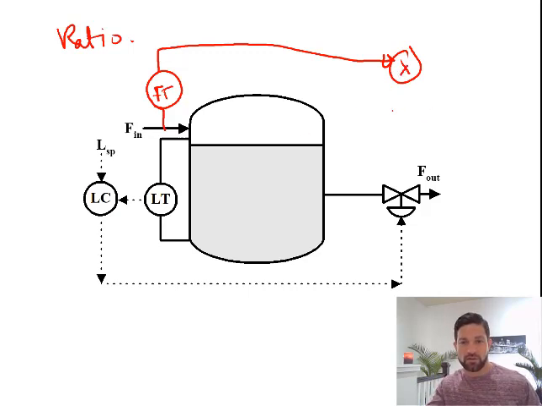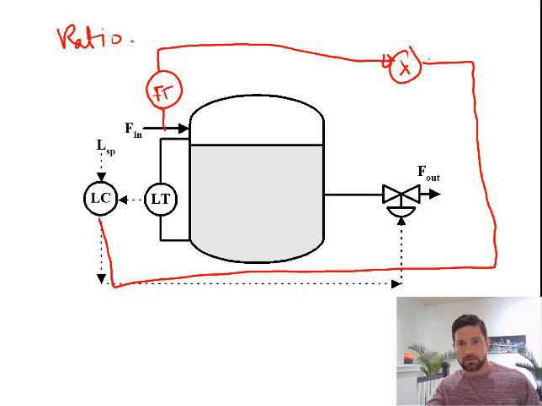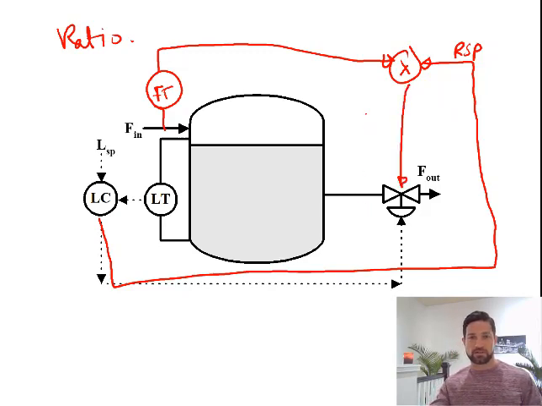Okay, the ratio controller is going to take a remote set point from the primary control loop. So the primary control loop is the level controller. The level controller is going to provide a remote set point, which is a ratio, to the ratio controller, and the ratio controller is going to change the valve position of this valve.